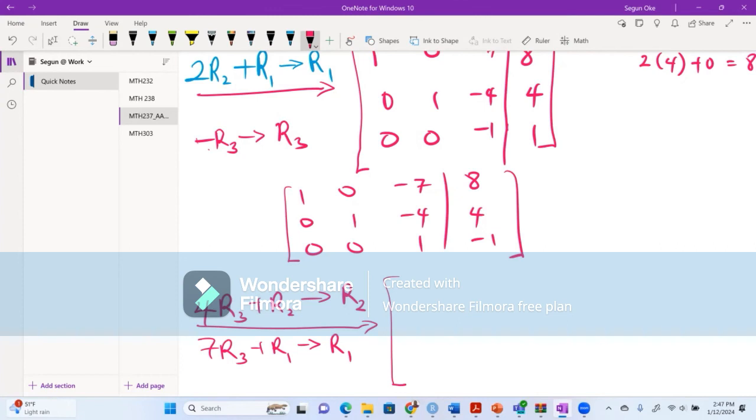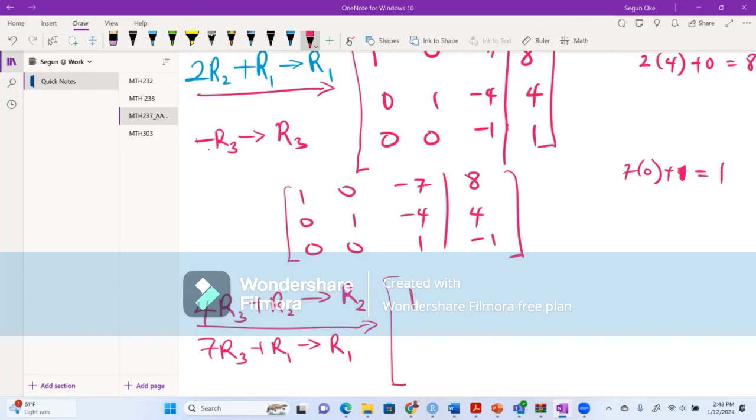So you have to be careful when you are solving this. We can solve R1 first. If you want to solve R1, it simply means you have 7R3. R3 is 0 here, plus 0. No, sorry, plus 1. That gives me 1. So we have this.